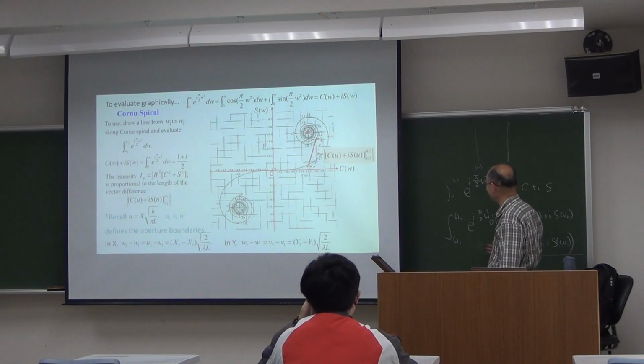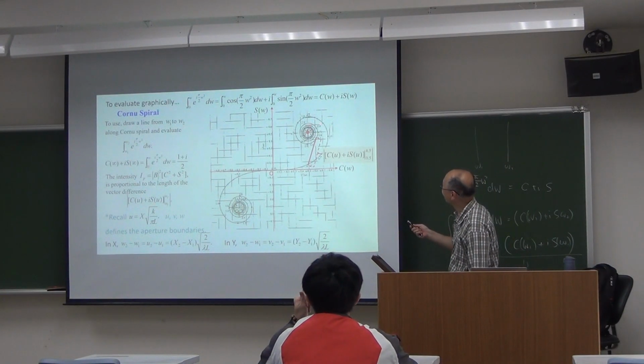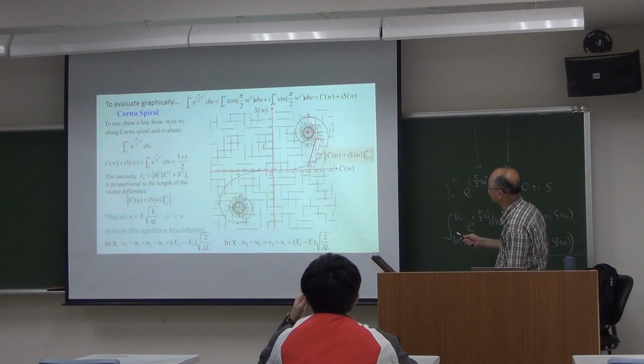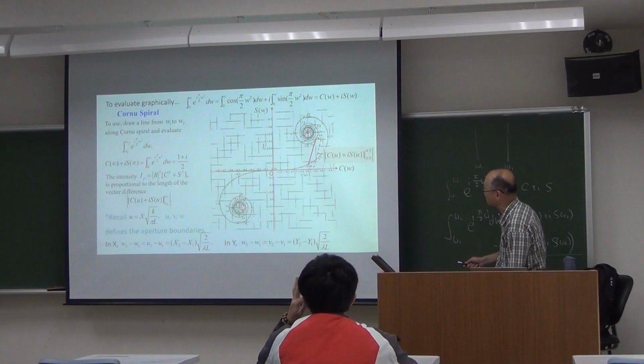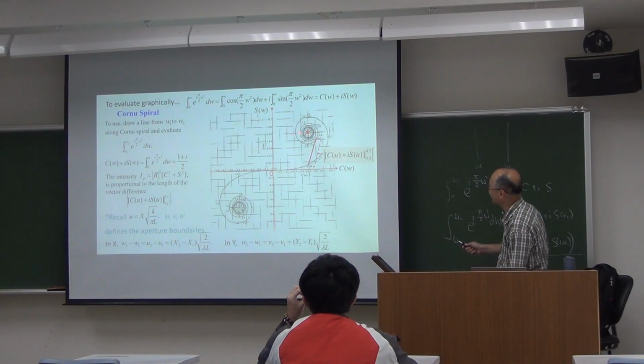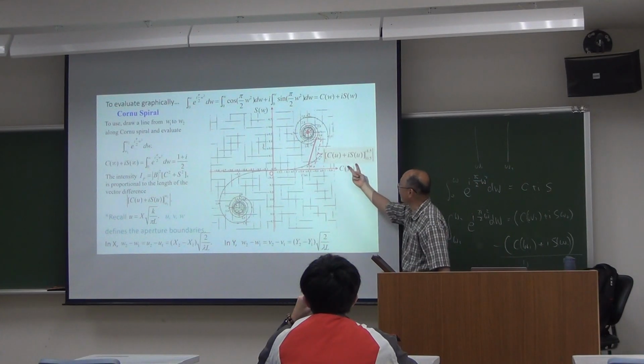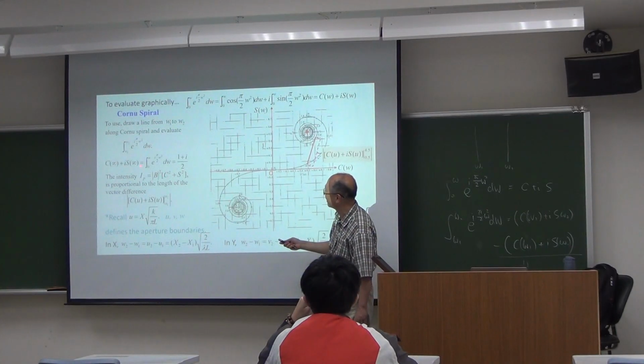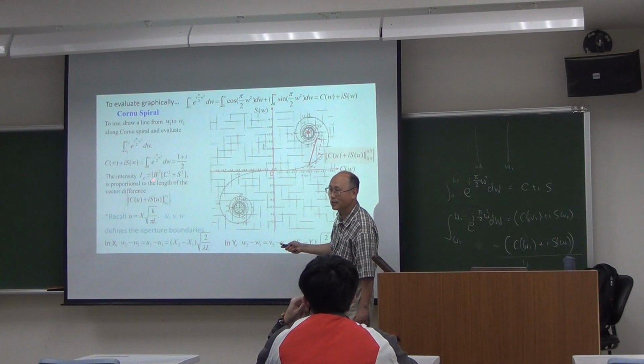So now it's a matter of locating the two values, W1, W2, on this spiral, and then setting up two vectors, and then subtracting the two vectors to get the length. Because the length is the intensity.